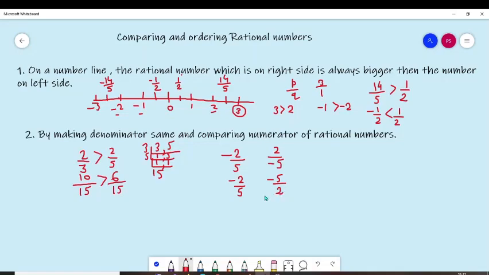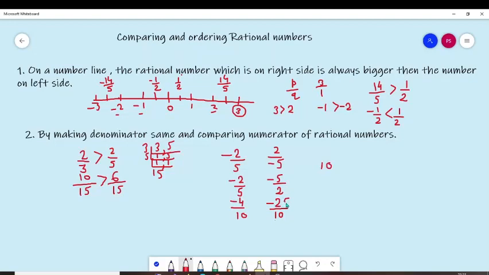We have made the denominators positive. Now we will take the LCM, so their LCM will be 10. So we have to make the denominator 10. We will multiply here numerator and denominator both by 2, so it will become -4/10. And here we have to multiply both numerator and denominator by 5, so it will become -25/10.